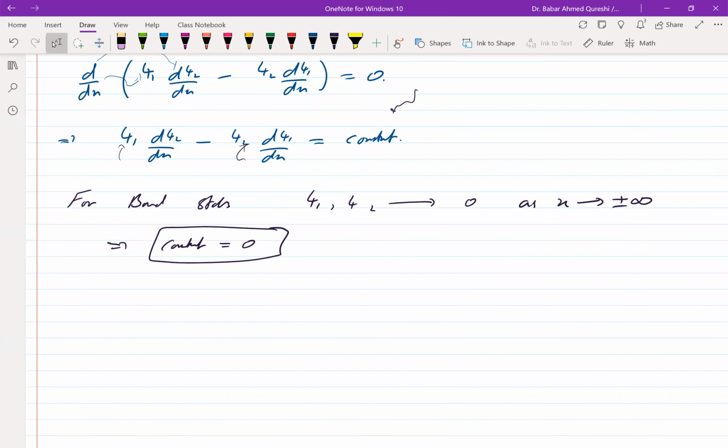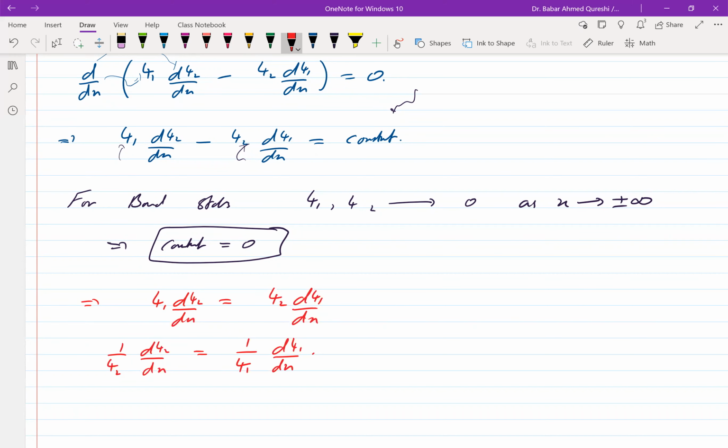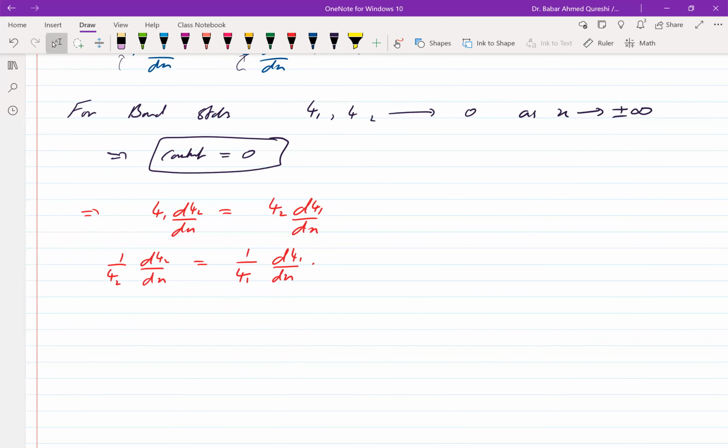So if the constant is 0, this becomes a very easy equation to solve.